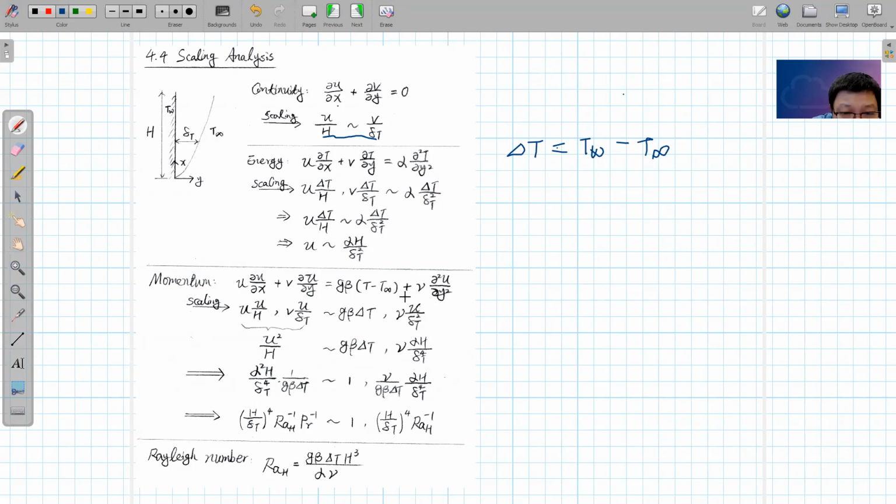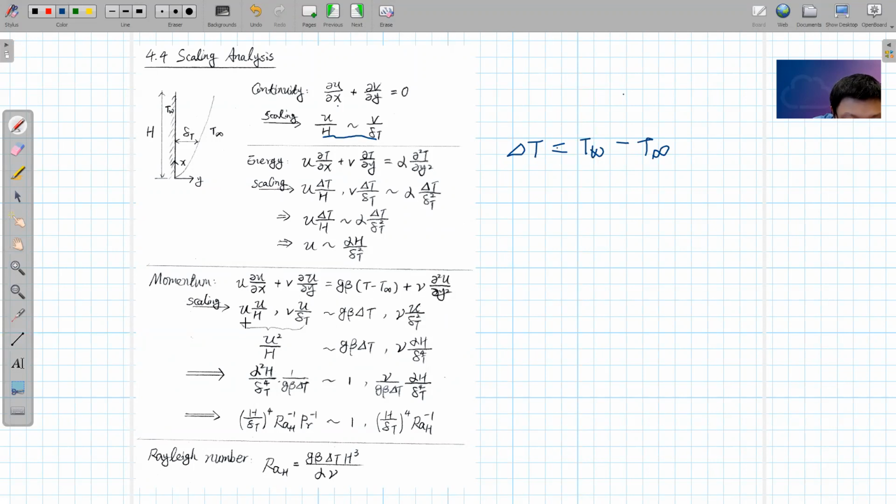Okay, and then let's go to the momentum equation. Similarly we do the scaling analysis for all these three terms. In the momentum equation, these two terms are the convective terms, this mu term is the viscous term, or you can also call it the friction term, and this is the buoyancy term.